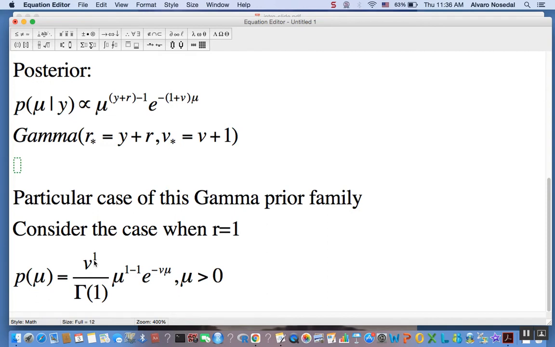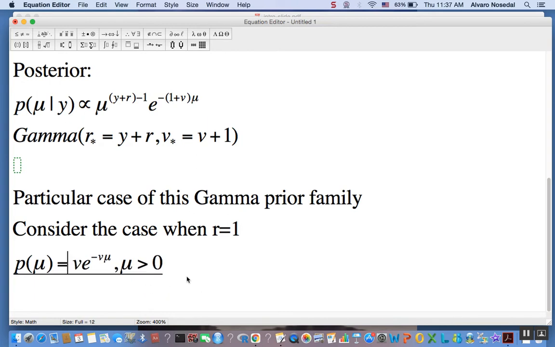V to the power 1 is the same as v. And mu to the power 1 minus 1 is mu to the power of 0, which is just a 1. So in the end, what we're going to have is just this. And as you can see, that reduces to an exponential distribution with parameter v, right?